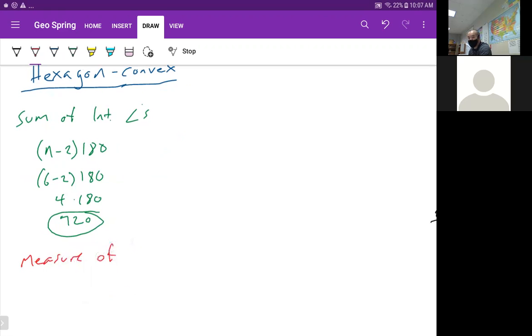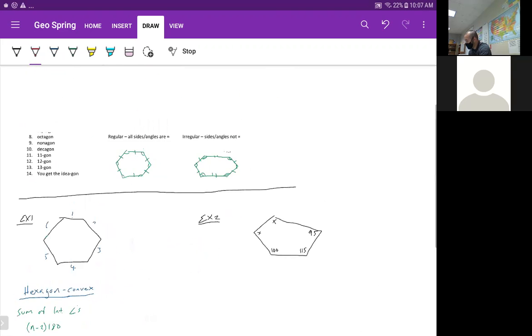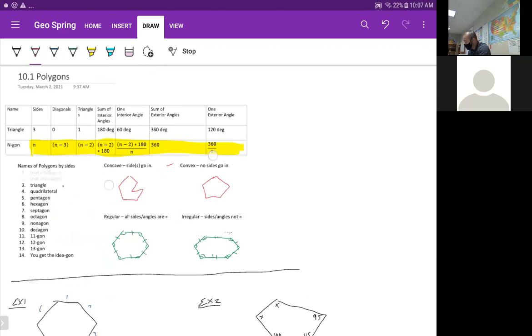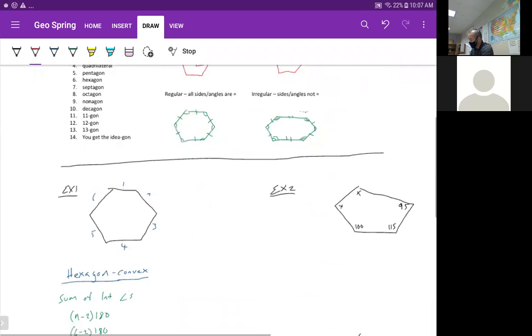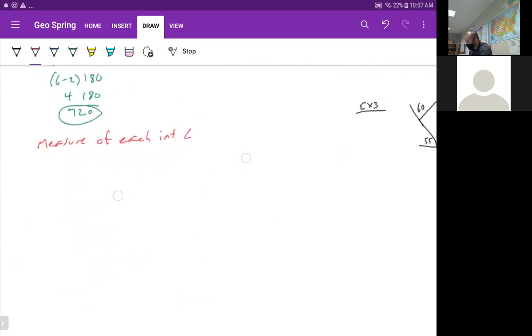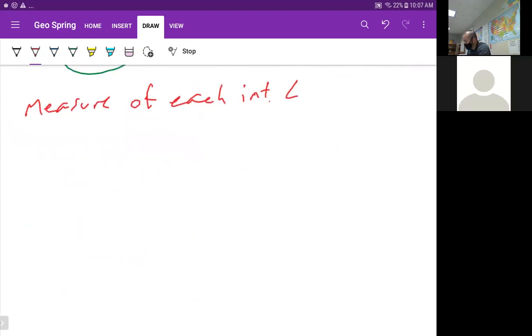That formula is here also: one interior angle is n minus 2 times 180 divided by n.